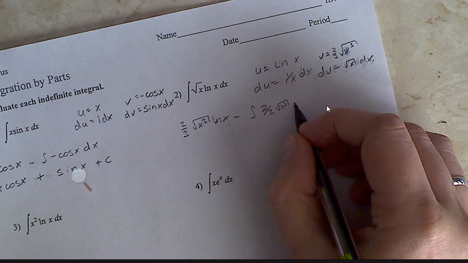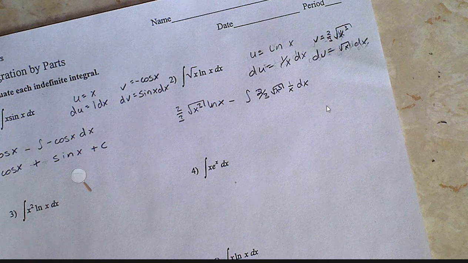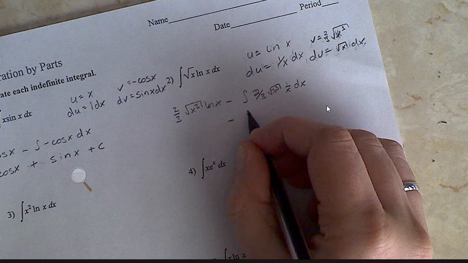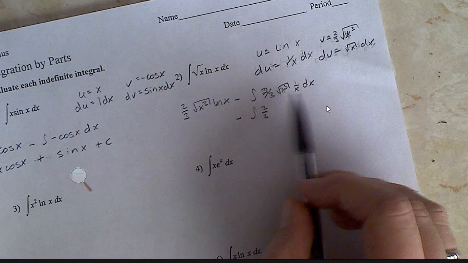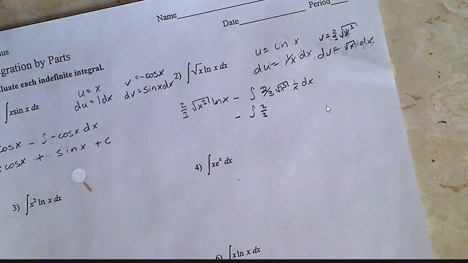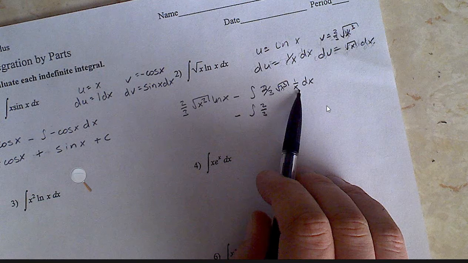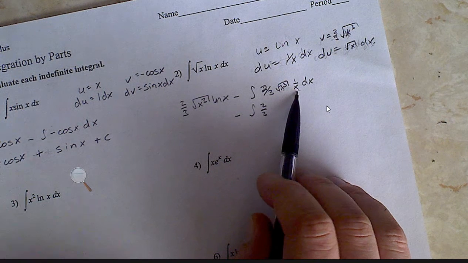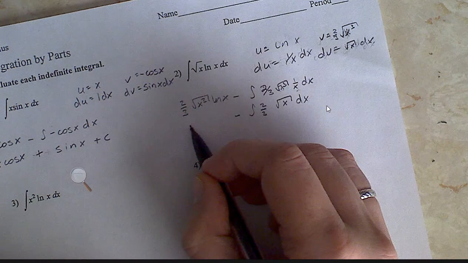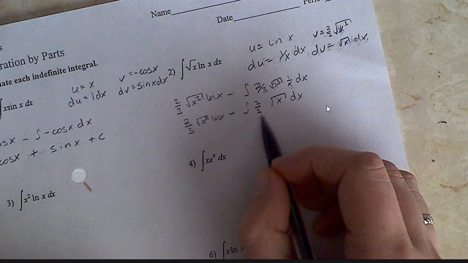So this is x to the 3/2, this is x to the negative 1. 3/2 plus negative 1 adds up to 1/2. So then this is something that we can actually integrate.